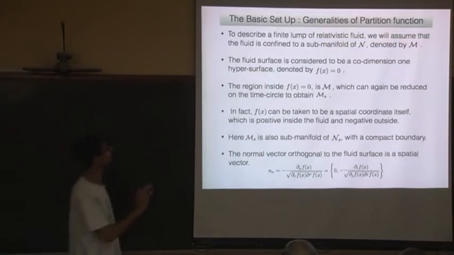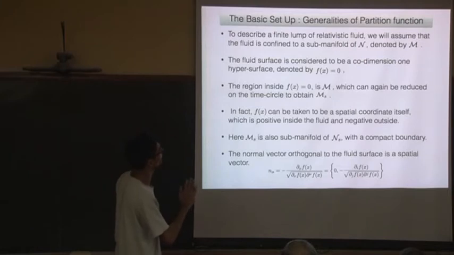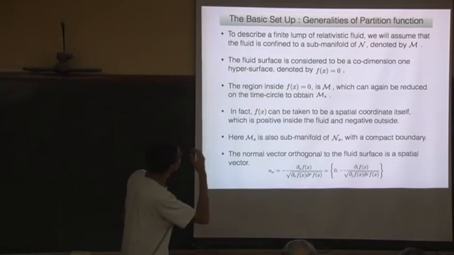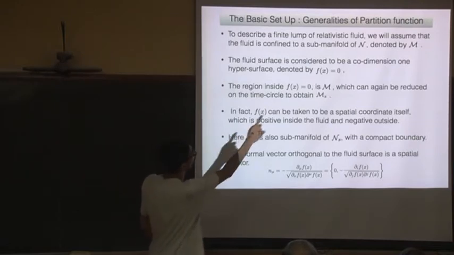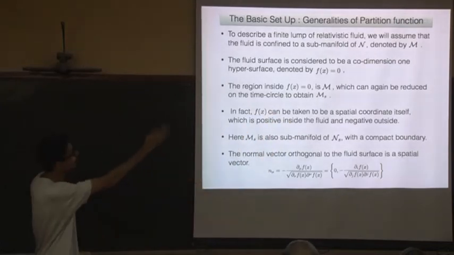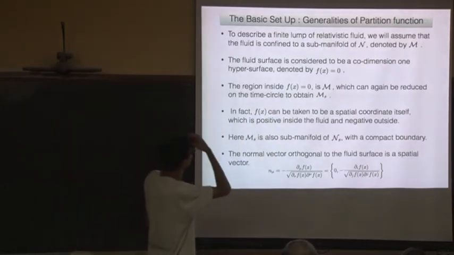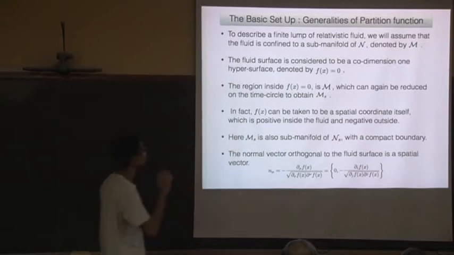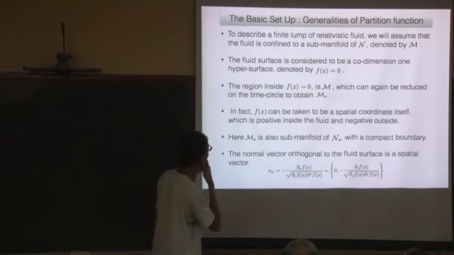And now we want to describe a lump of relativistic fluid. So we will assume that the fluid is confined to a submanifold N of the manifold denoted by M. The fluid surface is considered to be a codimension 1 hypersurface, denoted by f of x equals 0.